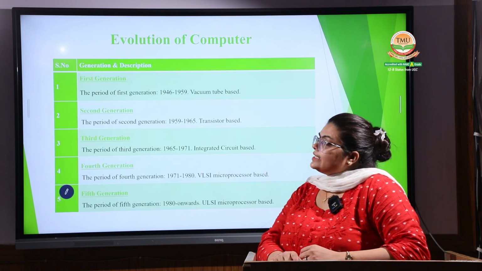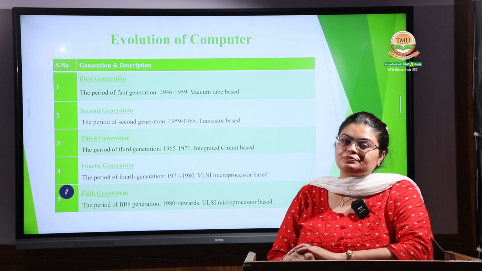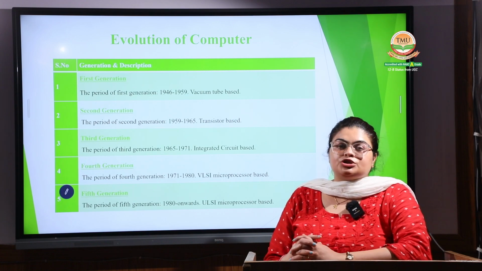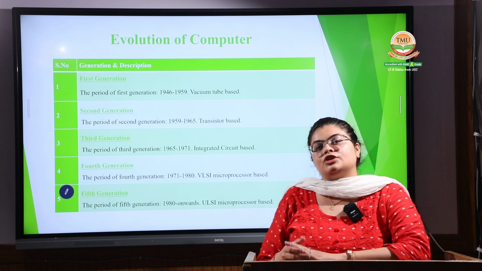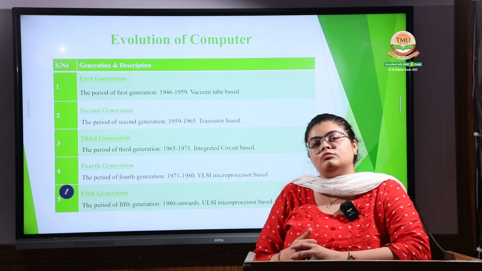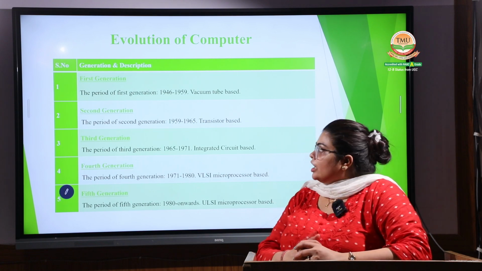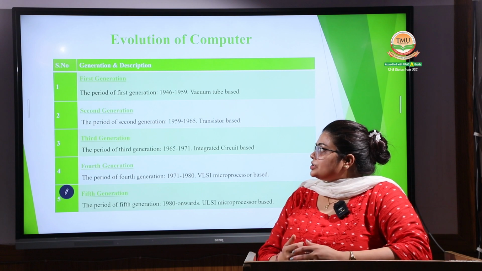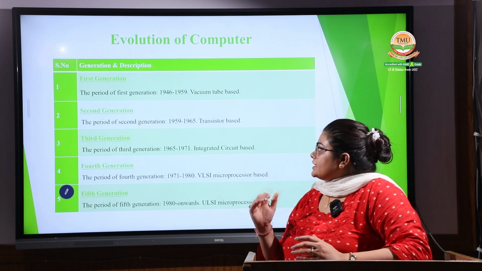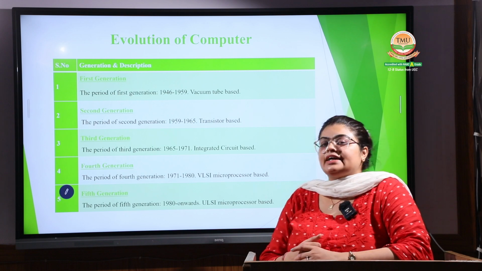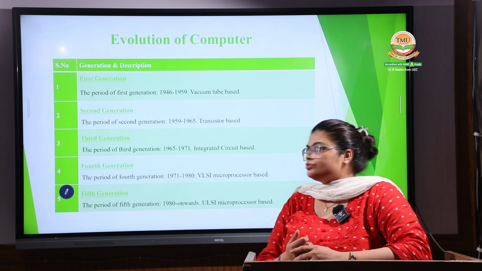Next, moving towards the evolution of computers, or we can say generations of computers. There are 5 generations. The first generation is from 1946 to 1959, when vacuum tubes were used.